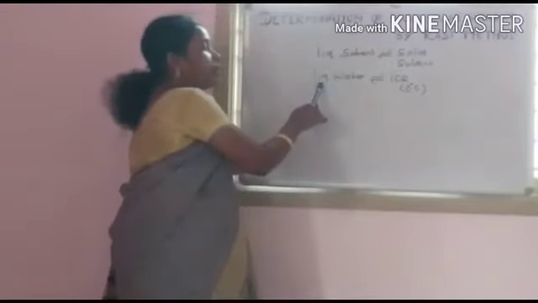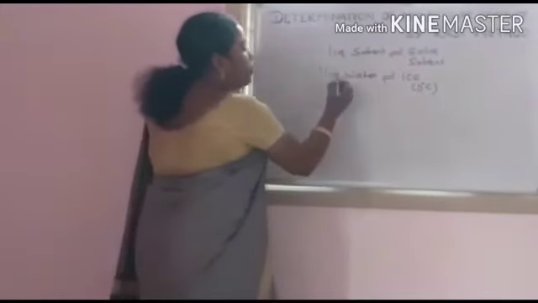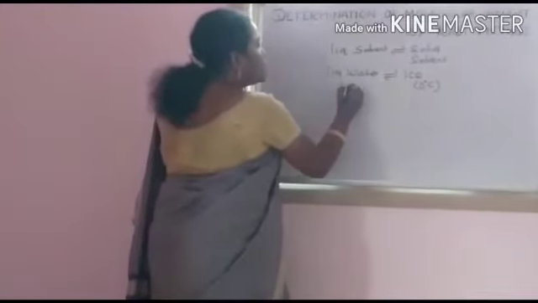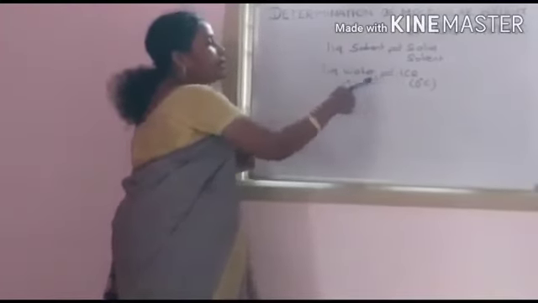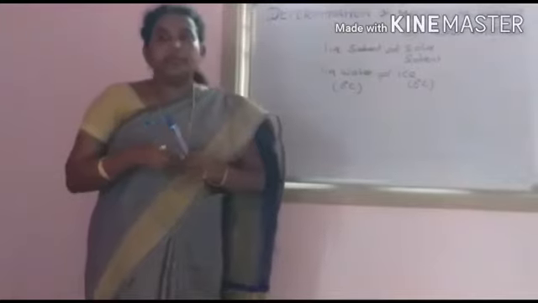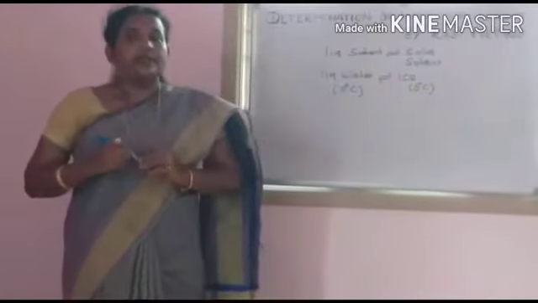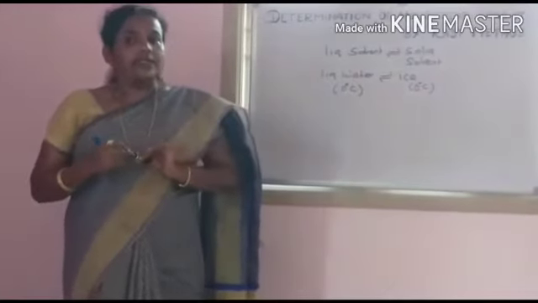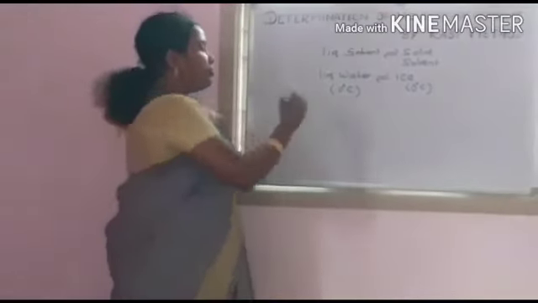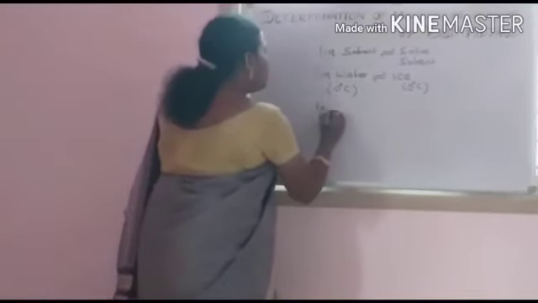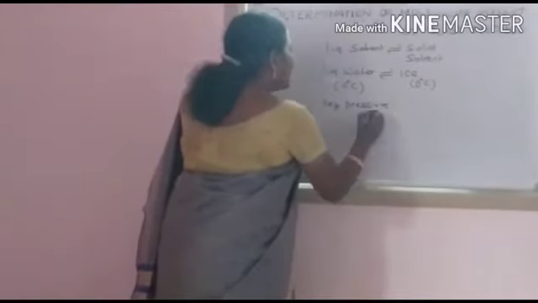When the temperature of liquid water becomes 0 degrees Celsius, the liquid water and ice are in equilibrium. So the freezing point of water is 0 degrees Celsius. Since the liquid water and ice are in equilibrium at 0 degrees Celsius, the vapor pressure of liquid water and the vapor pressure of ice are equal.